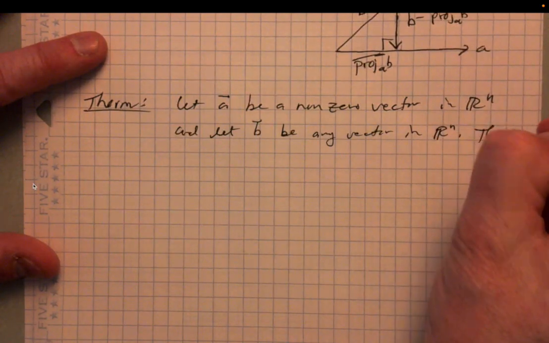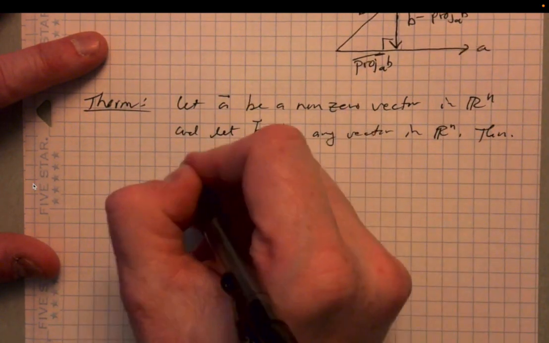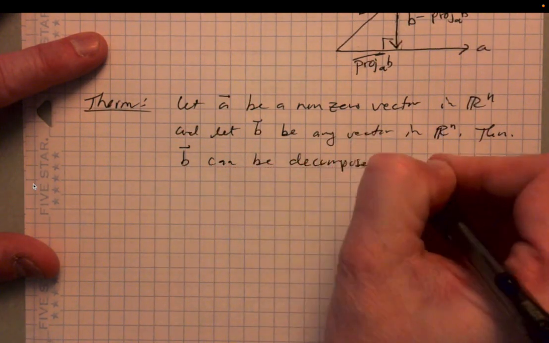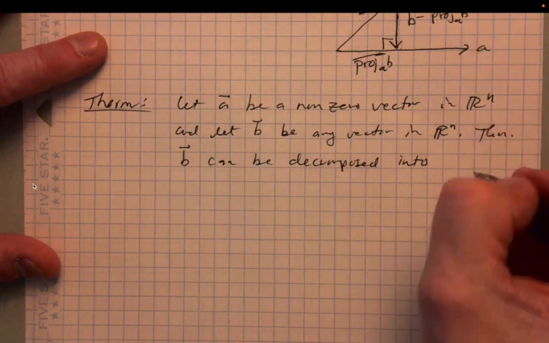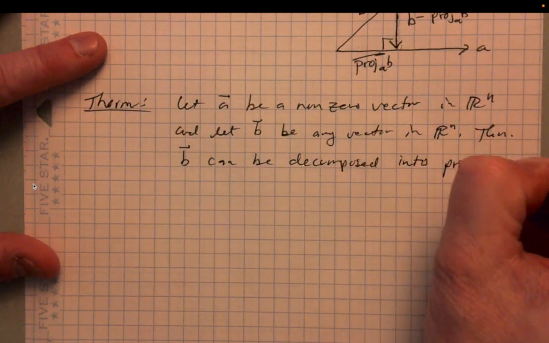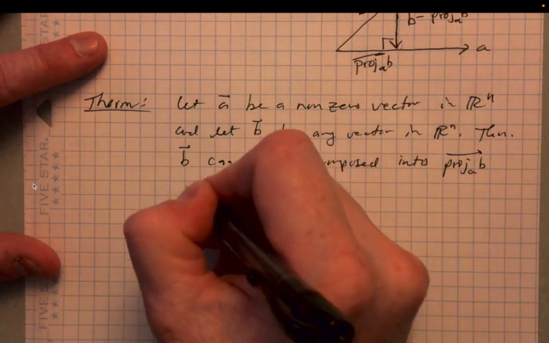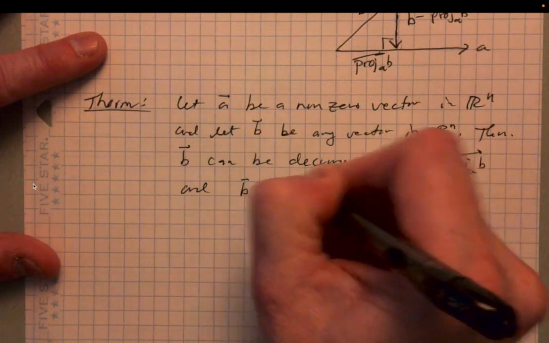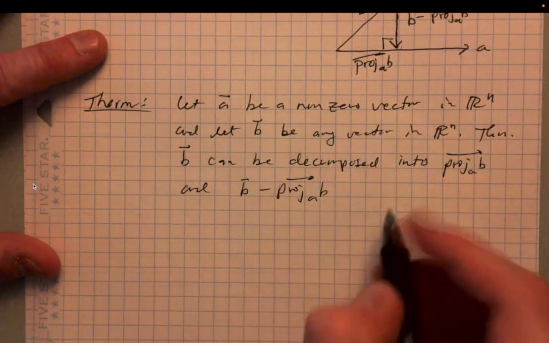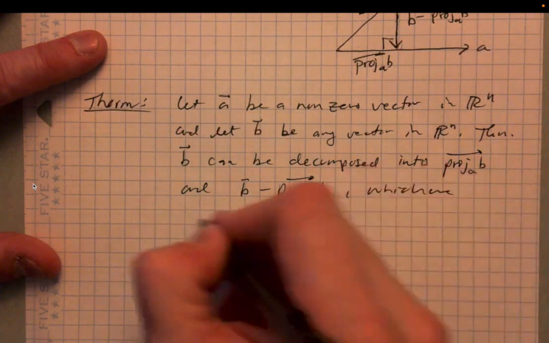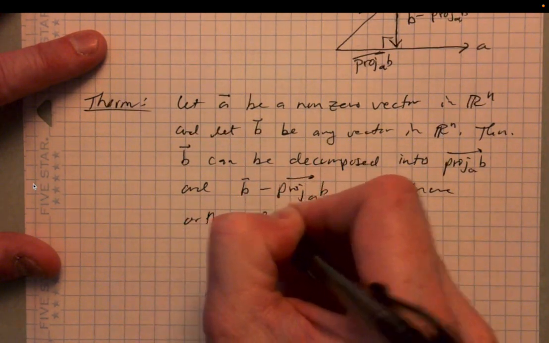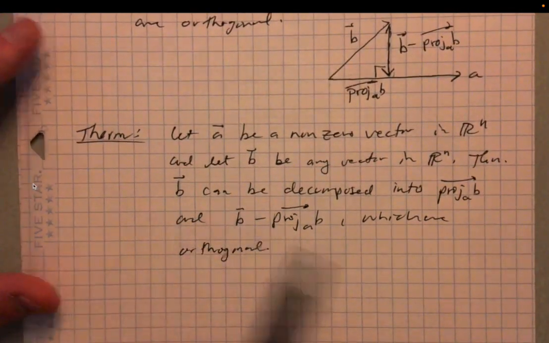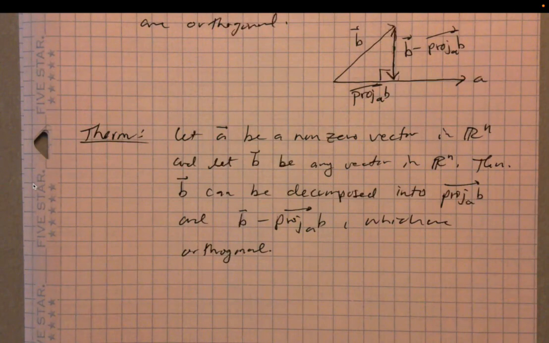Then B can be decomposed into the projection of B onto A and B minus the projection of B onto A, which are orthogonal. Okay, so this is the statement that we just basically demonstrated, right?